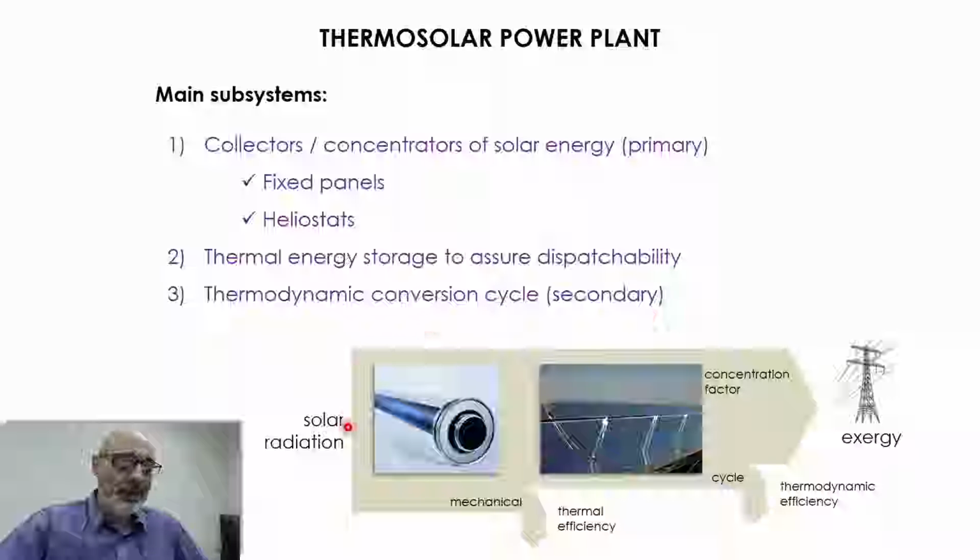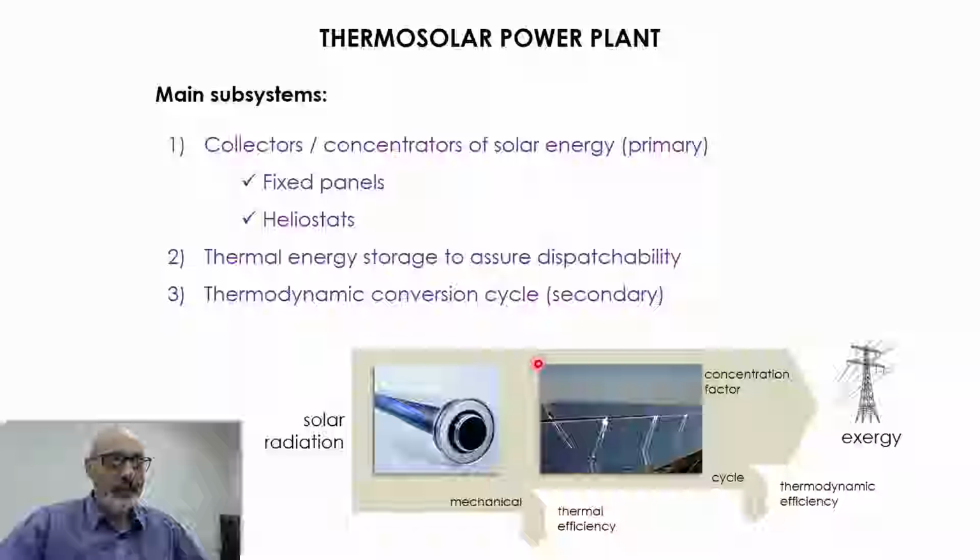If we take a look at a Sankey diagram of the incident solar energy linking to the surplus energy, you see that you have losses, by the way. Those losses are related to the collectors or concentrators, so it is related to thermal efficiency or mechanical efficiency.